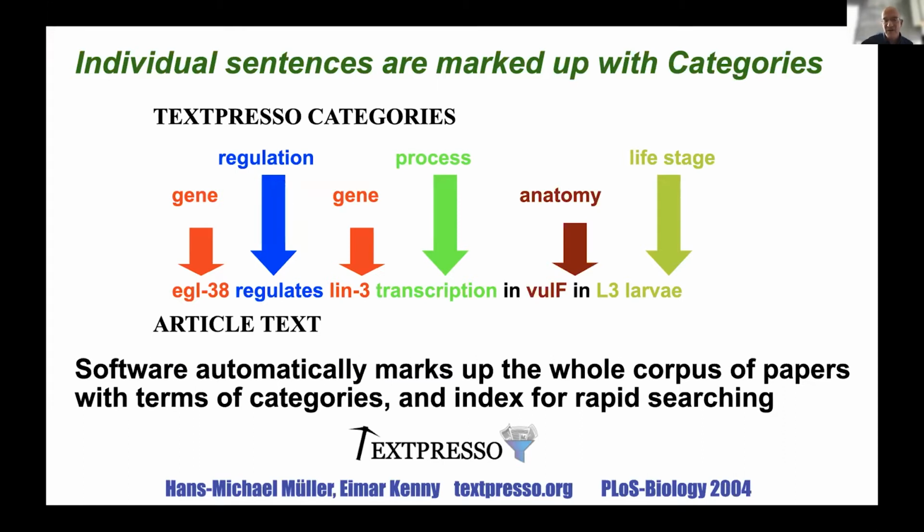So with Textpresso, which was almost 20 years ago now, what it does is it takes single sentences or text spans and marks them up with categories of terms from controlled vocabularies or shallow ontologies, or even principal deep ontologies. So it finds genes by entity recognition, for example, words that mean regulation, life stages, bits of anatomy. This is C. elegans, so it has, for example, vulva as a piece of anatomy. And that allows really good characterization at a document or sentence level to retrieve sentences of interest.